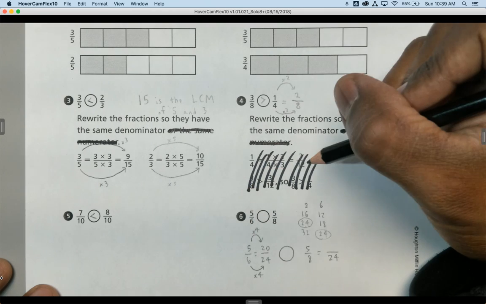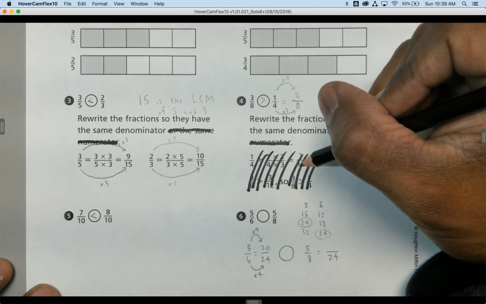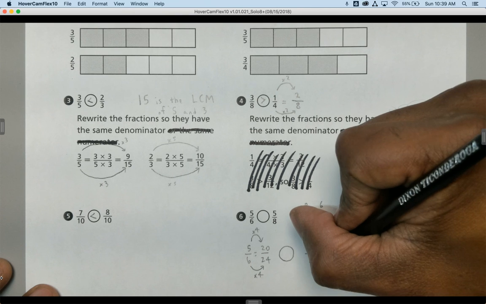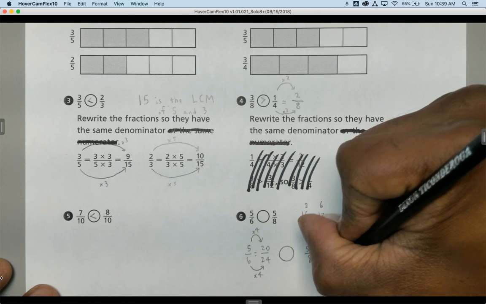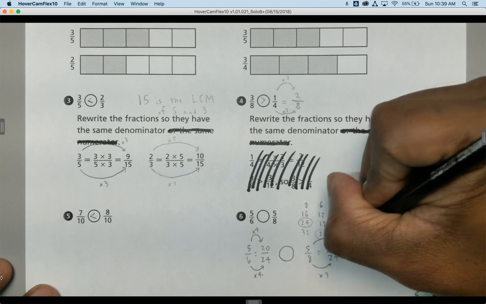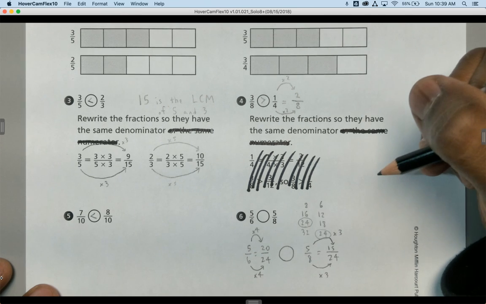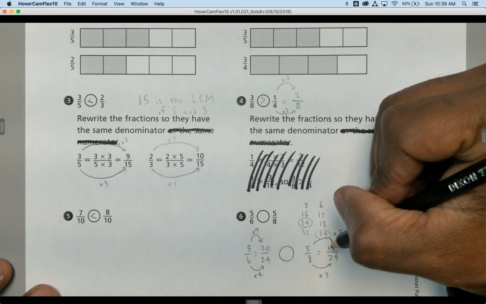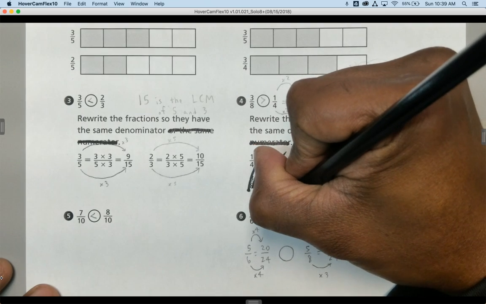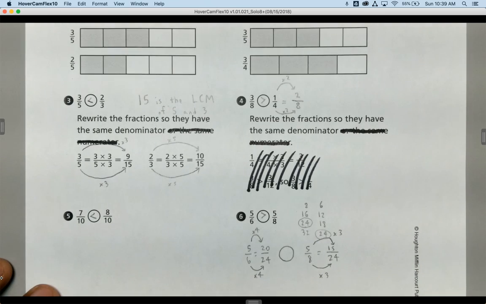And we get 20/24. On the right, what we do to the bottom, multiply by 3, we must also do to the top, multiply by 3. And we can see 20 is greater than 15. Therefore, 5/6 is greater than 5/8.